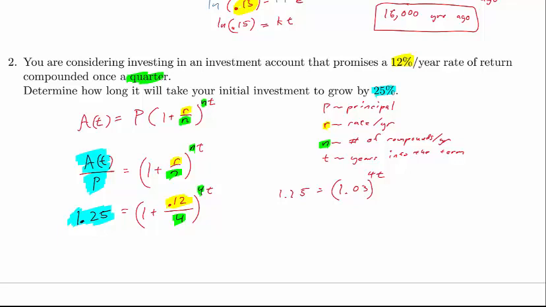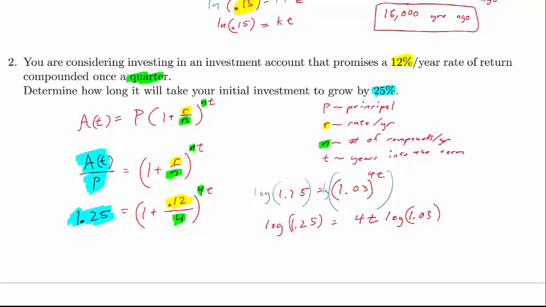We're going to go ahead and take the logarithm of both sides. Like so. And so now we've got log of 1.25 equals 4 times t times log 1.03.